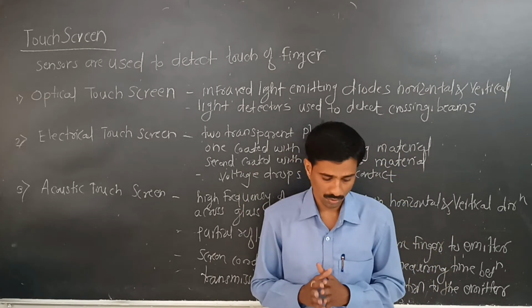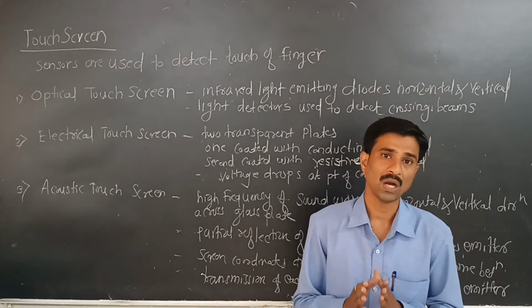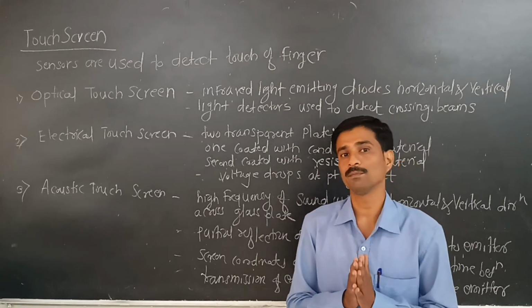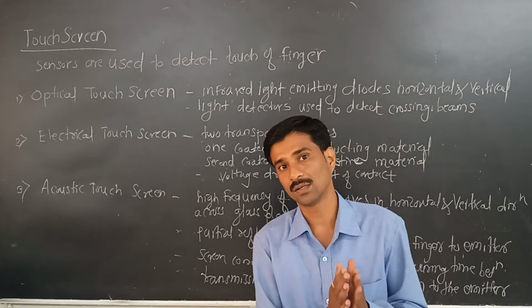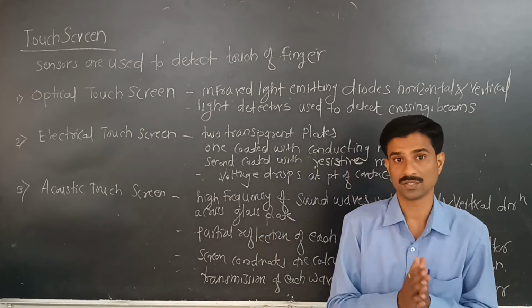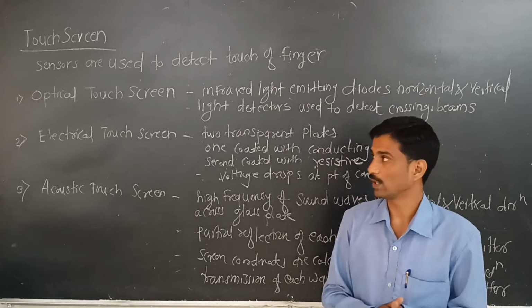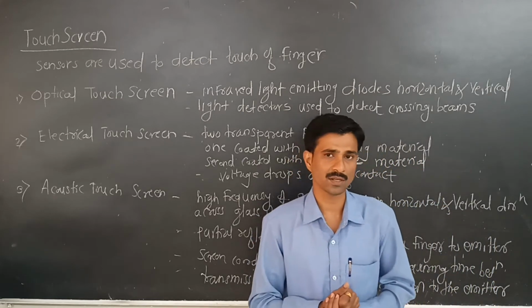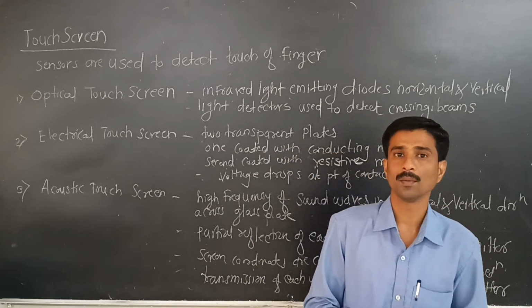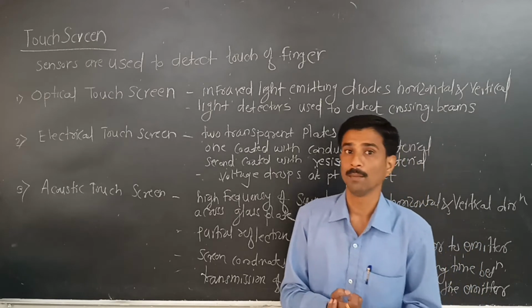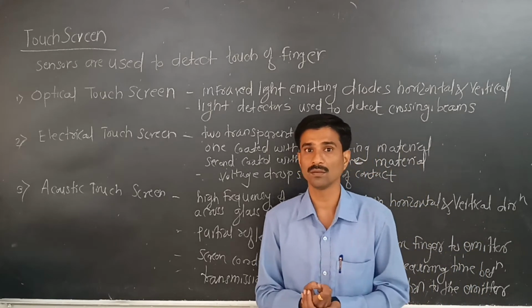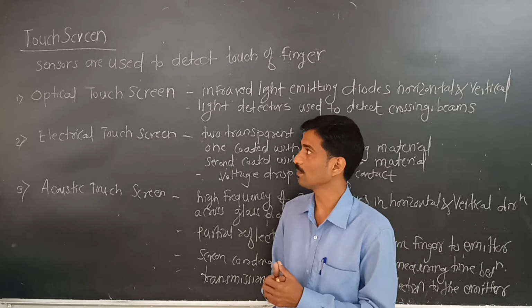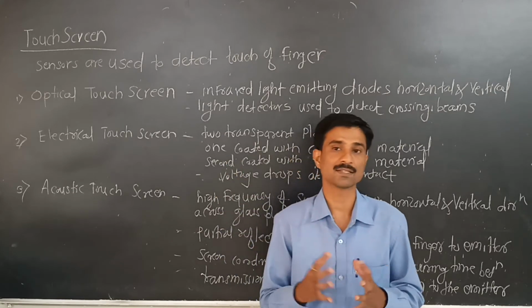So today we will see how the touch screen works and what the types of touch screen displays are. Basically, in the touch screen, the main mechanism is that we are using sensors.